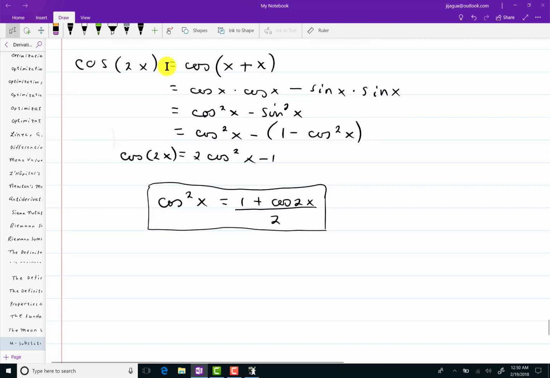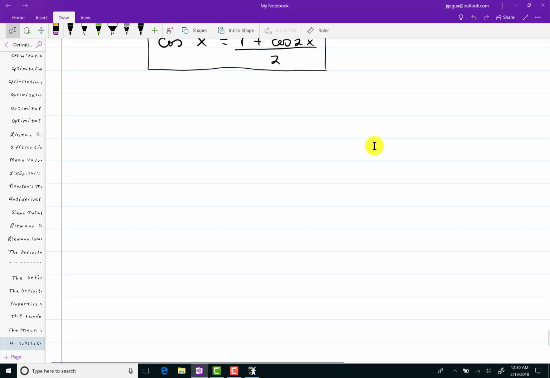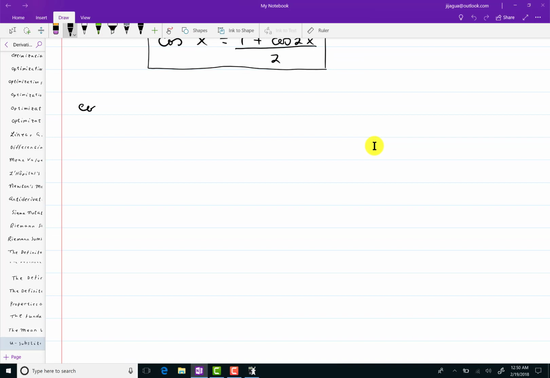Now, let me come back to this cosine of 2x business, at least back to where it was cosine squared minus sine squared. So I have cosine of 2x was equal to cosine squared of x minus sine squared of x. This time I'm going to solve for sine, so I'm going to replace cosine squared with 1 minus sine squared of x.